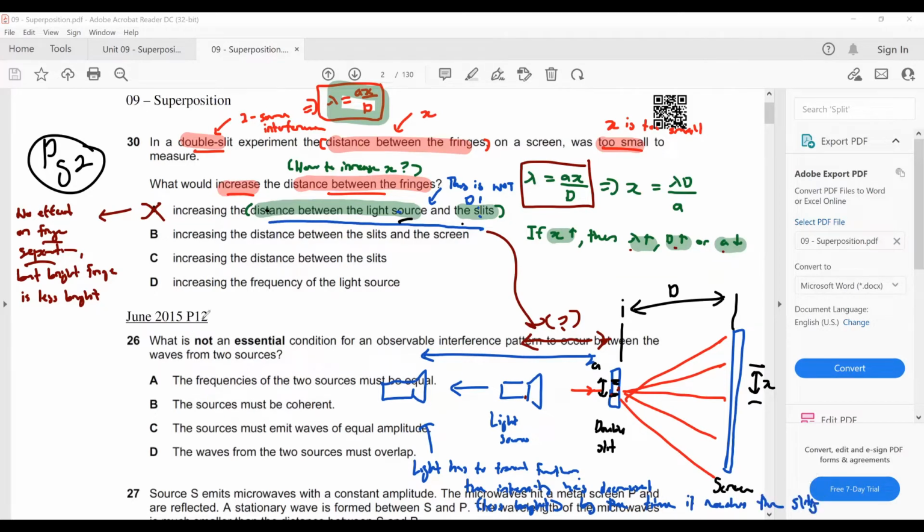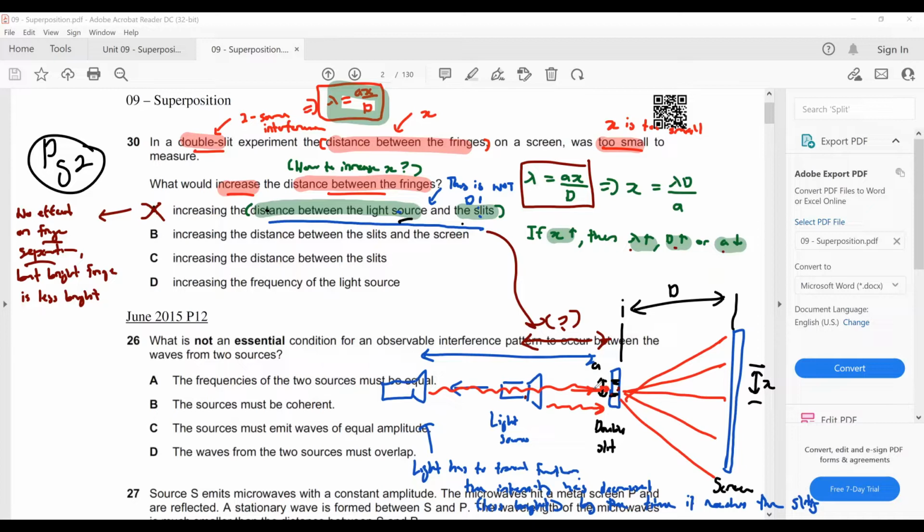If you increase the separation between your light source and slits, your light has to travel a much further distance. Before, it only had to travel this much, but now it has to travel much further.